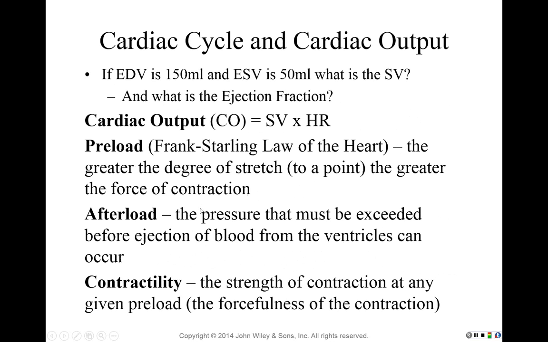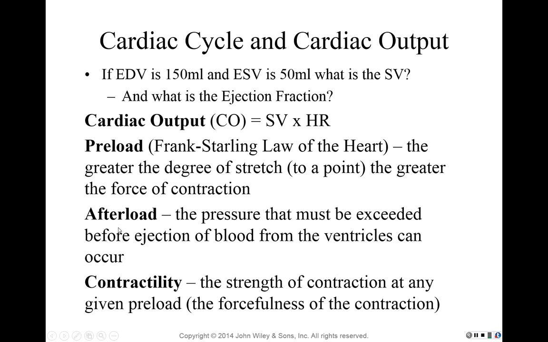It makes it harder for the heart to function. Afterload is the pressure that must be exceeded before ejection of blood from the ventricles can occur. Think of it as a negative thing, something we want to try to reduce. Afterload is very much linked to the body's blood pressure. How much volume of blood is out there in the system, and do we have to work harder to pump that volume of blood?